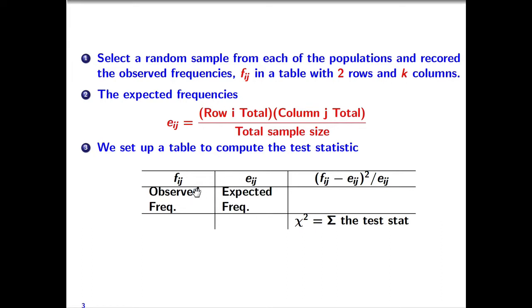You're going to find Fij for each cell, and then you're going to compute Eij for each cell, and then you use the equation (Fij minus Eij) squared over Eij for each of the cells, and then you sum them up, and that will give you this test statistic, chi-square.